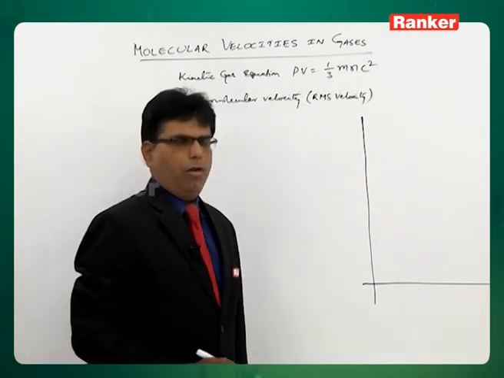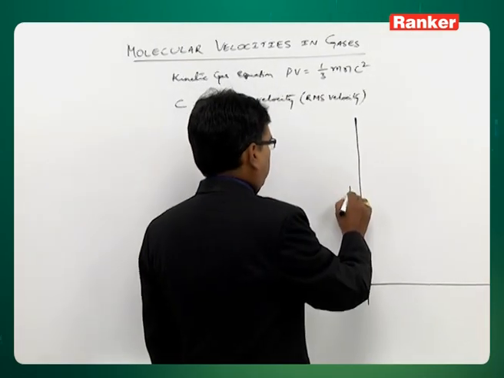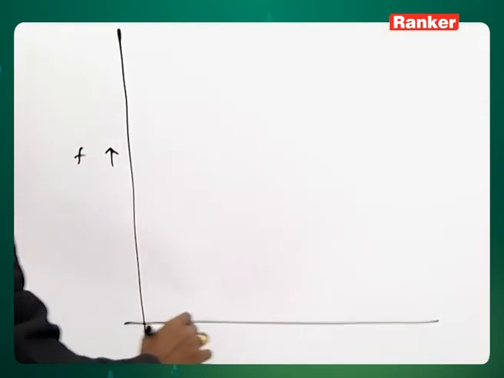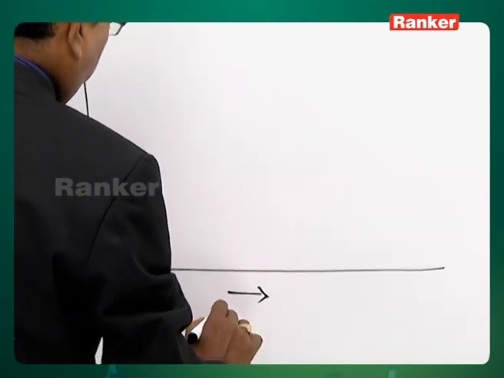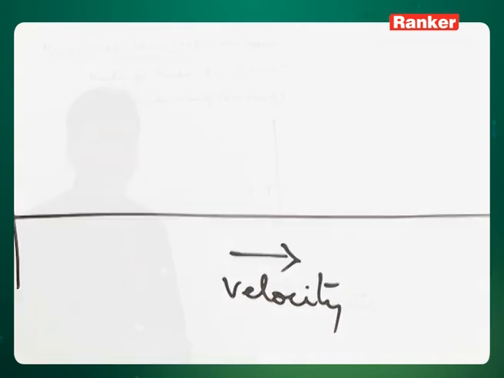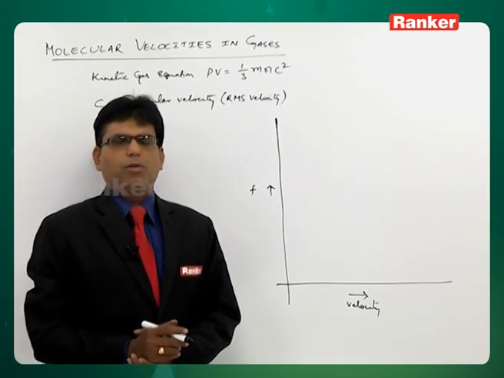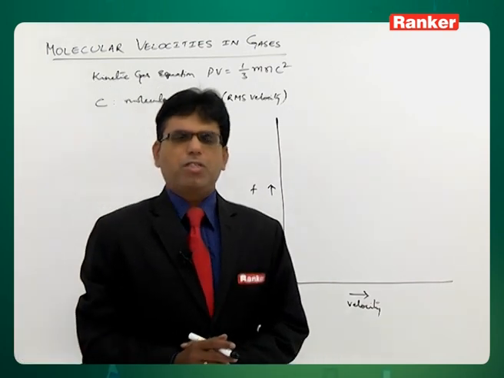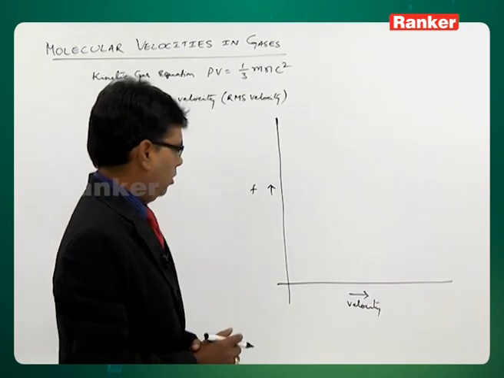When a graph is drawn for fraction of molecules f versus velocity, fraction of molecules means the fraction of molecules possessing a certain particular velocity.